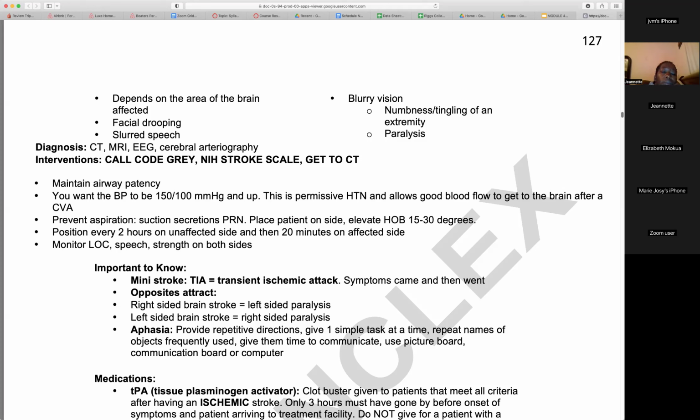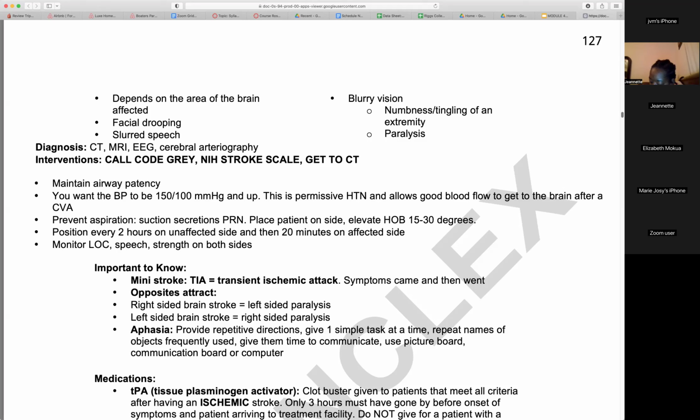The earlier the better, because basically what time is brain means is that the more time that goes, the more brain the person will lose, the more functional brain tissue will die. So time is brain, which means the number one priority with stroke is time, and we need to get the patient to CT. The American Heart Association recommends to get the patient to CT scan within 20 minutes of coming through the door and having a suspected stroke.